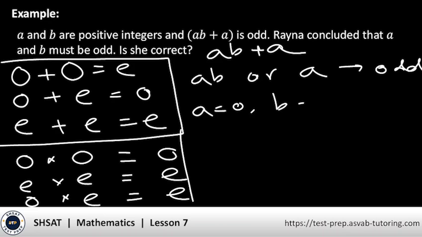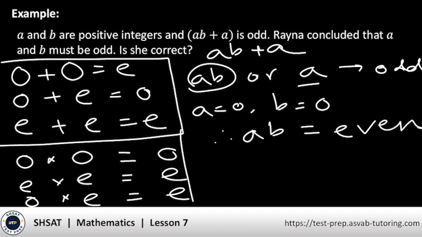And if b is odd, so odd and odd gives me an odd number, right? So if a is odd and b is odd, then ab has to be even. Because if I consider a to be odd here, the entire ab cannot again be odd. So that means if a has to be odd, then ab has to be even. That means according to this question, b cannot be odd. So b must be even.